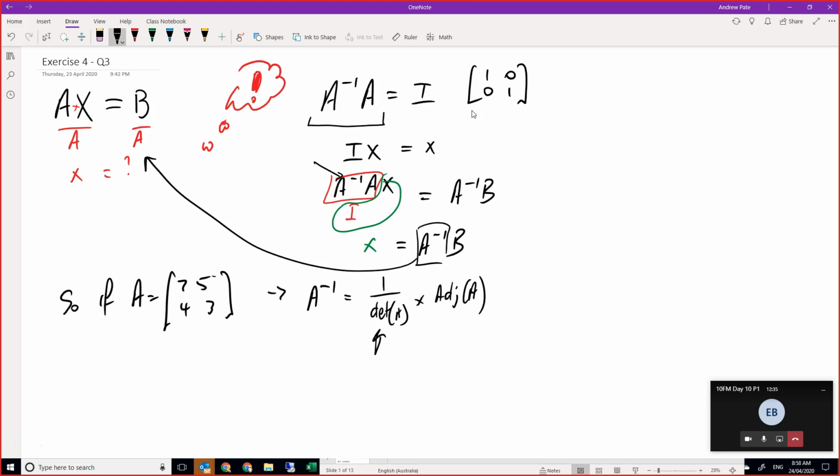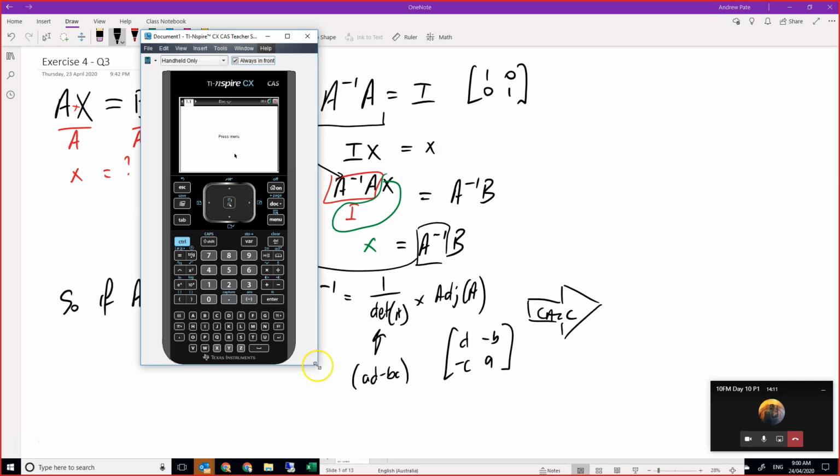We know that the determinant is AD minus BC, and we know that the adjoint is swap these two over and make these two negative. And we can do all that by hand, but luckily for you, you don't have to. We can go to the calculator.